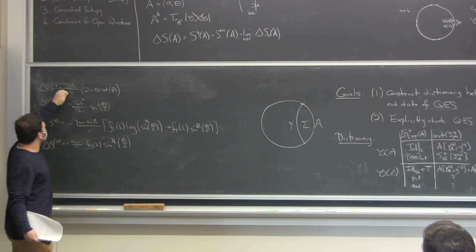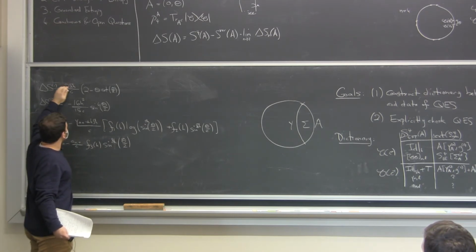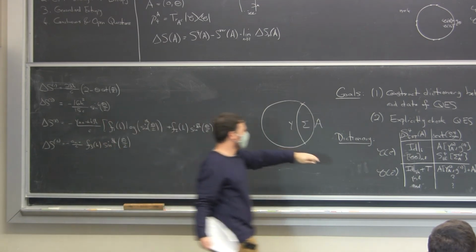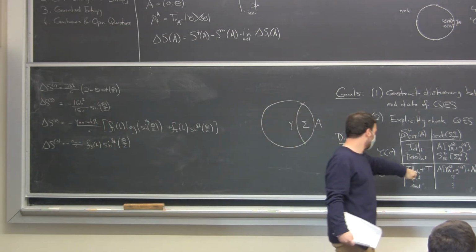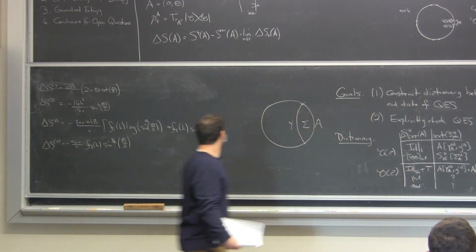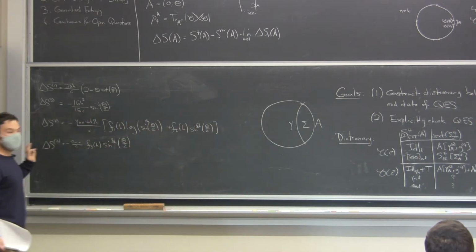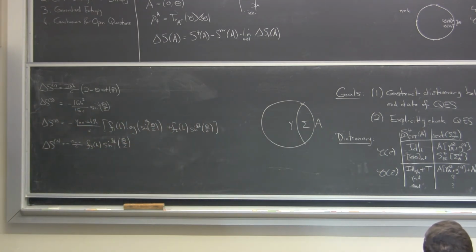Oh, this is 2 delta H. So that's the delta H coming from the correction to the dimension of O. Okay, so that's the end of the CFT story. I should pause here for questions to see if people have questions about the CFT calculation.